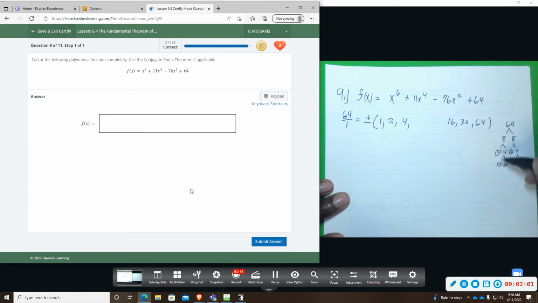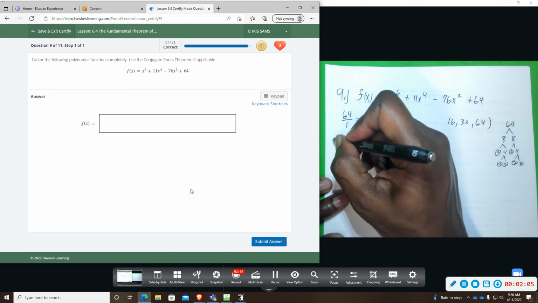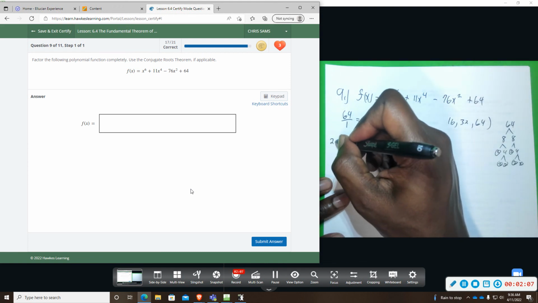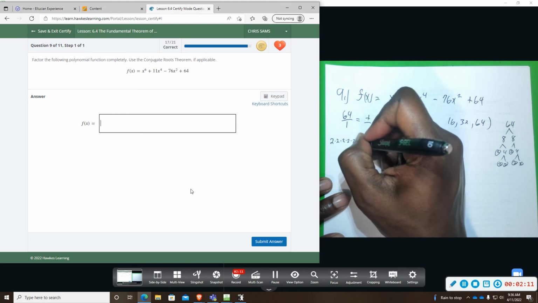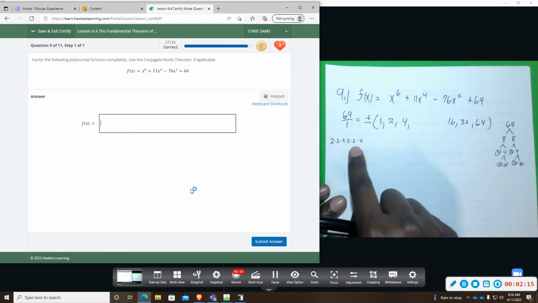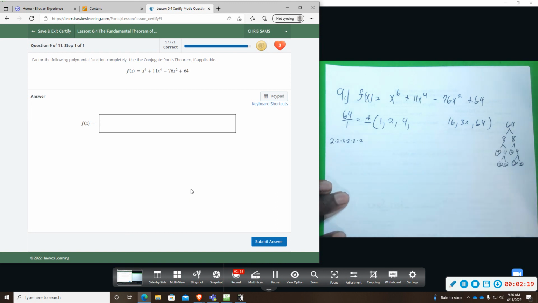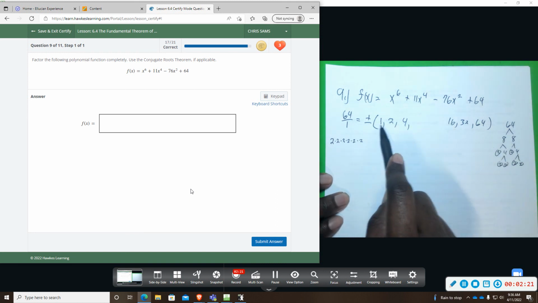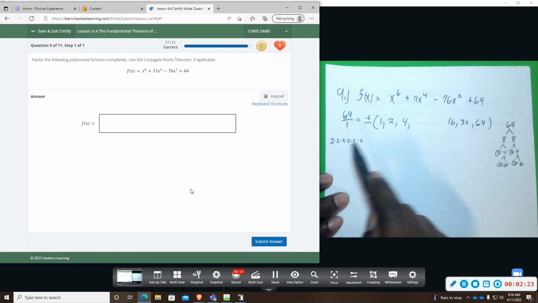So we have 1, 2, 3, 4, 5, 6 2s. All right, so if you break a number down into prime factorization and you just count in order from 1 all the way up to see what's missing.